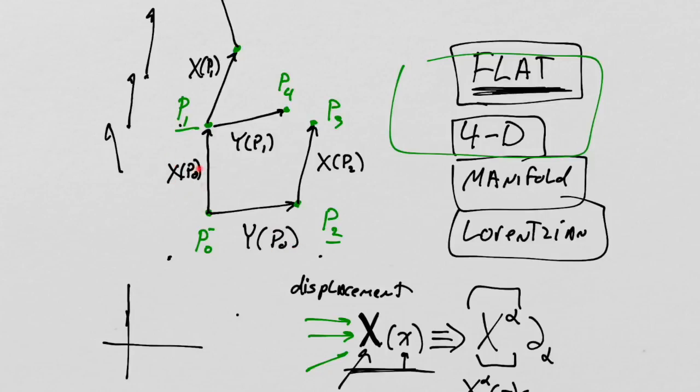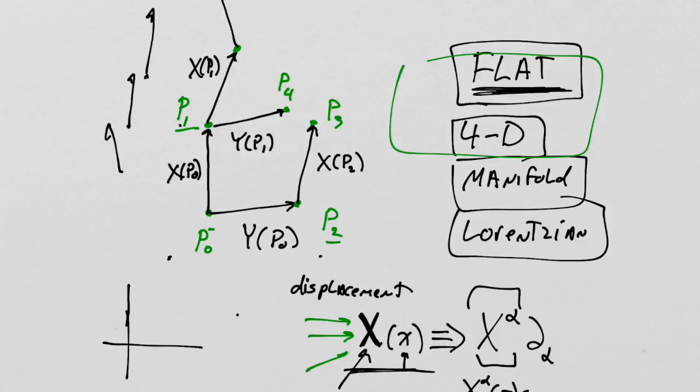Likewise, the x vector field at P0 and at P2 are not the same. There's no reason to think that displacing through xp0 to yp1 is going to be the same as yp0 to xp2, right? There's no reason that P4 and P3 should overlap.